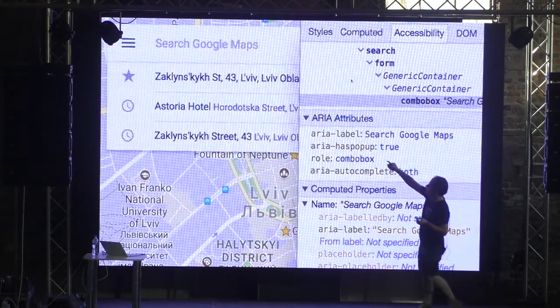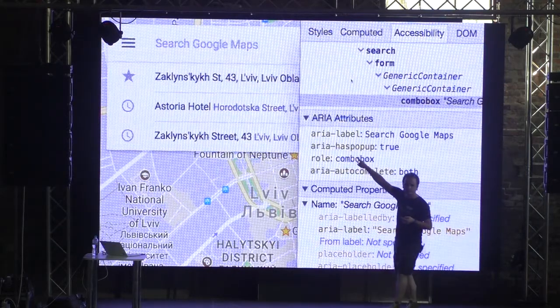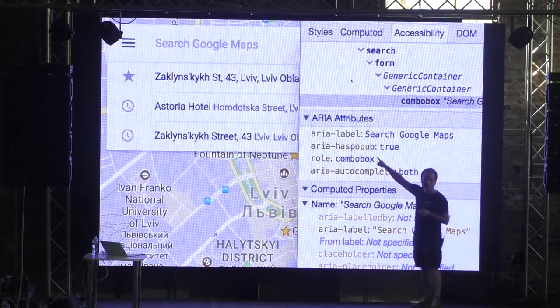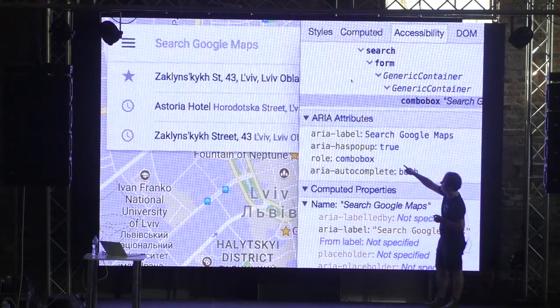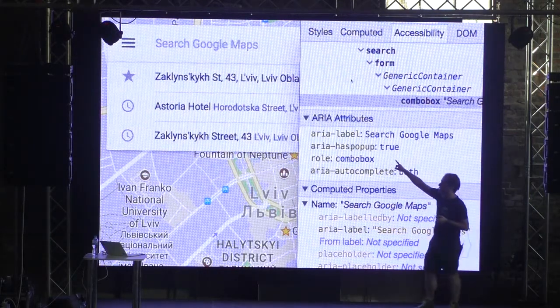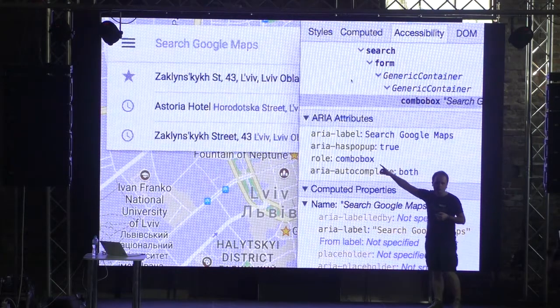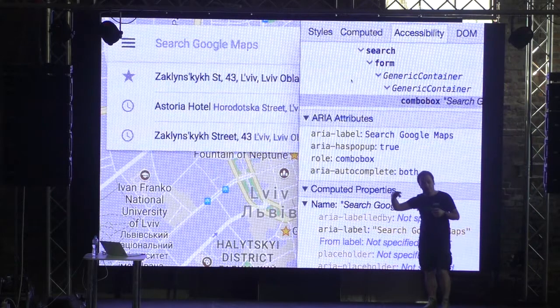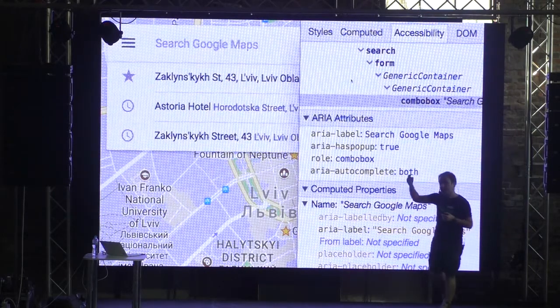I just focused the search field on Google Maps, and it gave me all the information. There is an aria-label applied. Good for them. It gives a clear idea what to do, because this "Search Google Maps" is probably just a placeholder, which means nothing. Don't use placeholders, use labels. It's much more accessible.